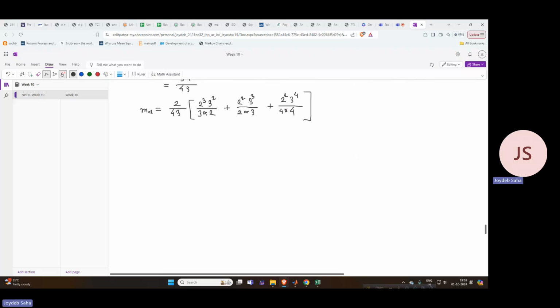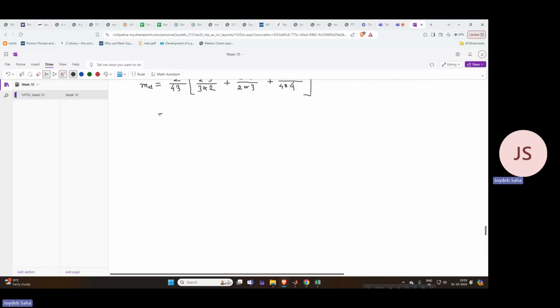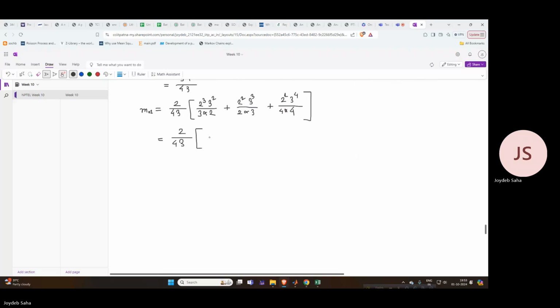Okay, M01. So what is the answer? It is 2 upon 43 divided by 12.